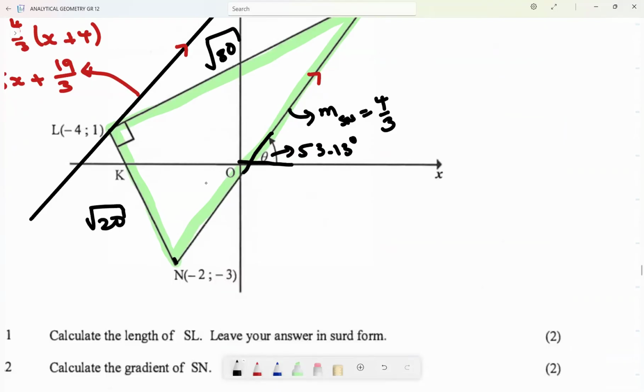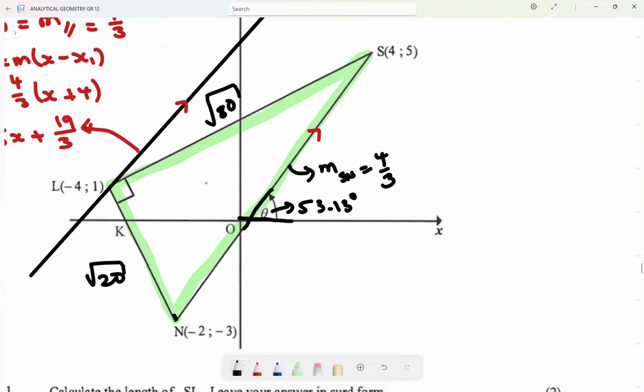And then the area is equal to half times base times perpendicular height. So this line height, it is perpendicular. I can see that by this again. And then it's simply me saying base square root of 20, height square root of 8.